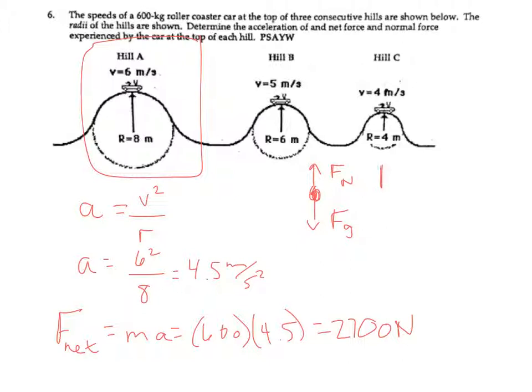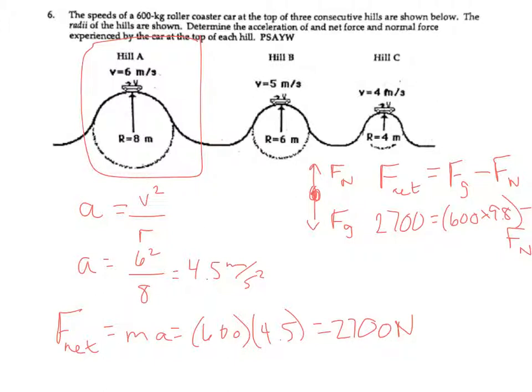So since these two forces make up the net force, we can say gravitational force, which is the force acting towards the center of the circle, we write that first, minus the normal force, which is acting against it, is equal to the net force. So I can plug in 2700 for the net force. For the weight, I'm doing mass times gravity, so I'm doing 600 times 9.8, and that's still minus Fn.